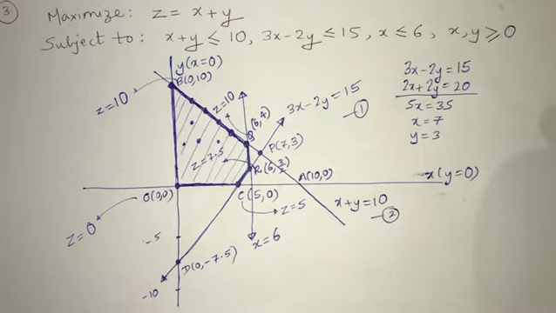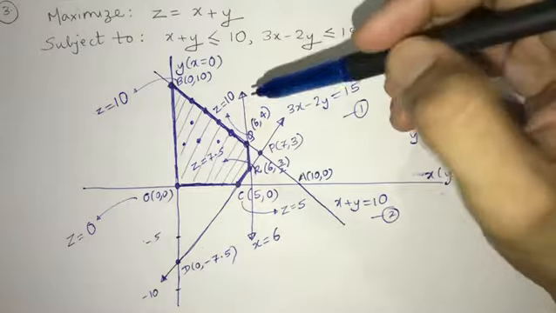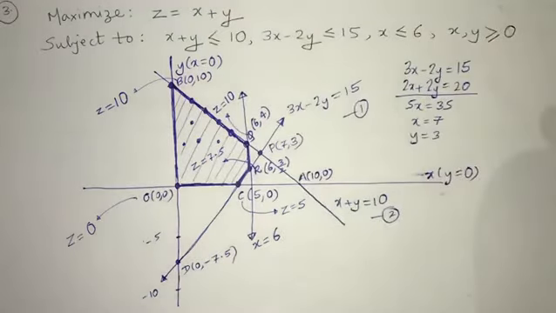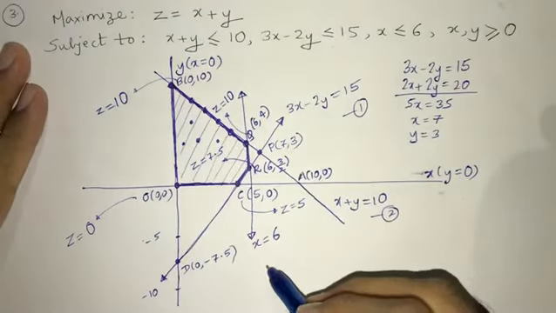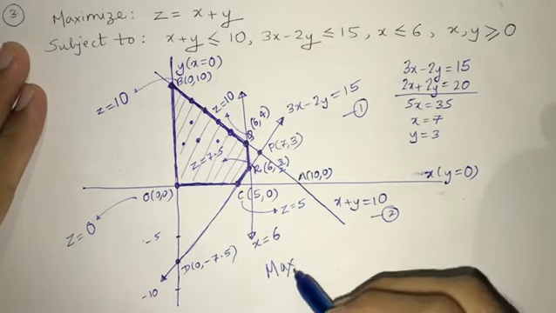We have been asked to maximize z, and I got the maximum value of z as 10, but not at one point, not at two points. I'm getting that at infinite points on the segment QB. So what is the final solution?